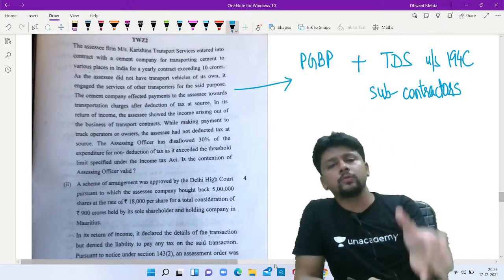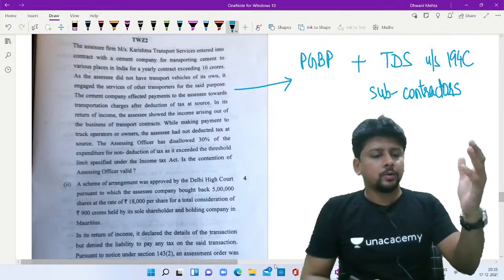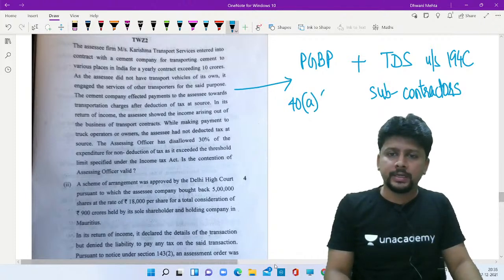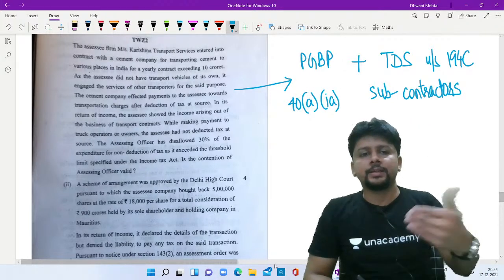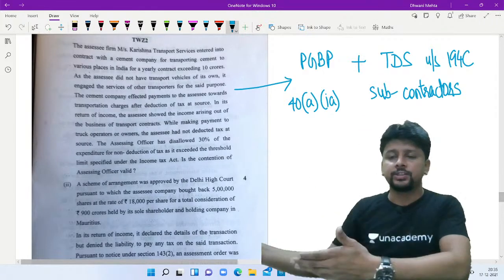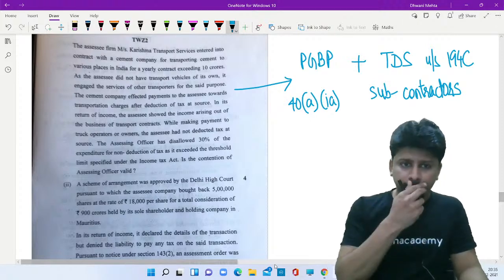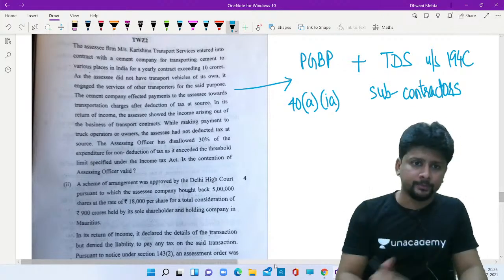So all that you had to do was write a theory answer, where you would mention, okay, this section of PGBP, section 40(a)(ia), is talking about expenses getting disallowed, and you had to quote section 194C that yes, subcontractor payments are also covered, and so disallowance will happen. Manageable.